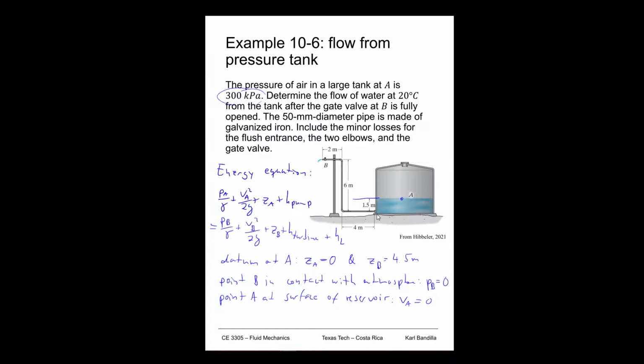Now VB, I guess we don't know what VB is. No, we don't know what VB is, right? Because we don't know what the flow is, so we can't say what VB is, so we'll just leave it as VB. But what else do we know? We know no turbine and no pump.